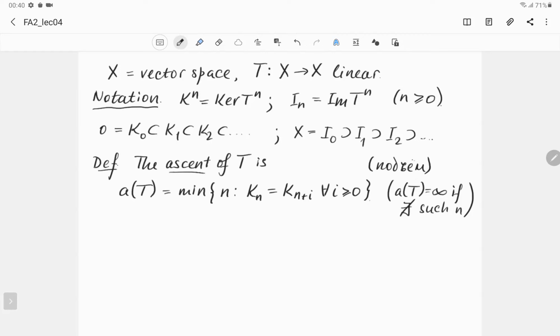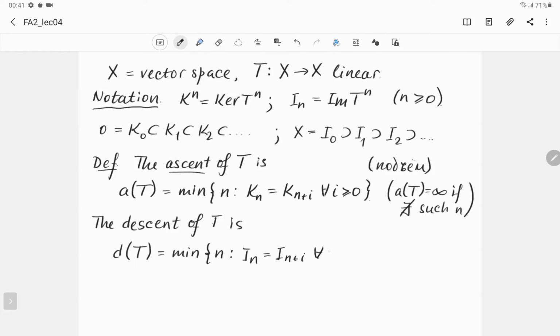And similarly we define the descent of T to be the minimum number n such that the second chain, the chain of the images of the powers of T, stabilizes starting from n.